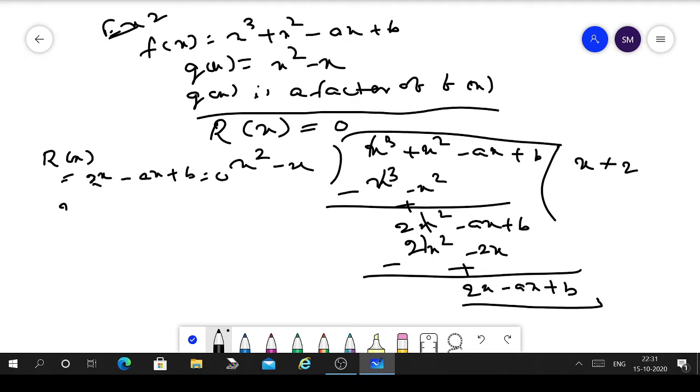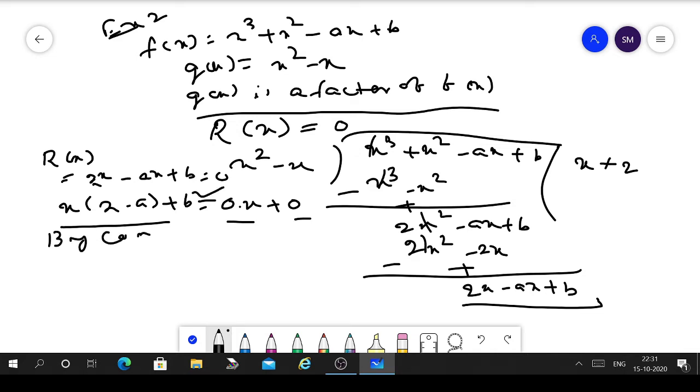Then x(2 minus a) plus b is equal to 0. 0 can be written as 0 into x plus 0. Then by comparing the coefficients, we get 2 minus a is equal to 0, which implies a equal to 2, and on the other side b is equal to 0.